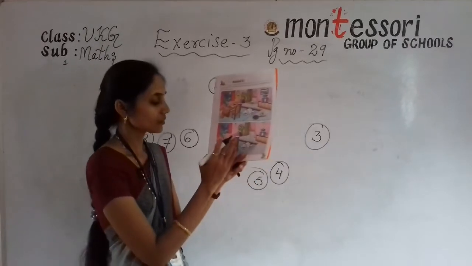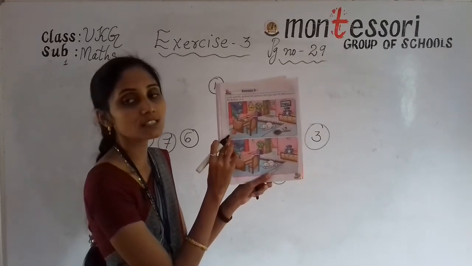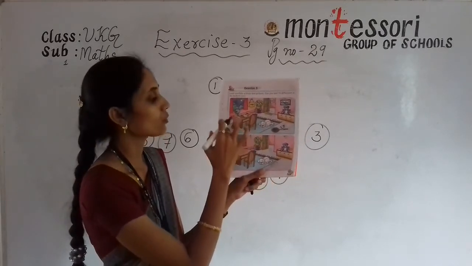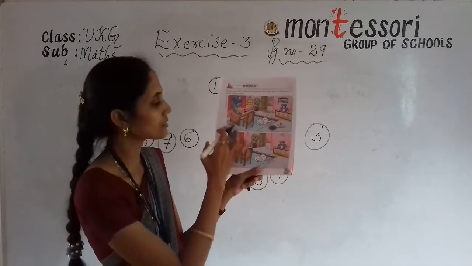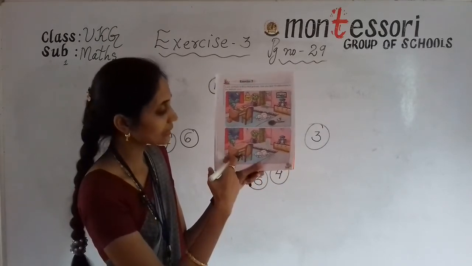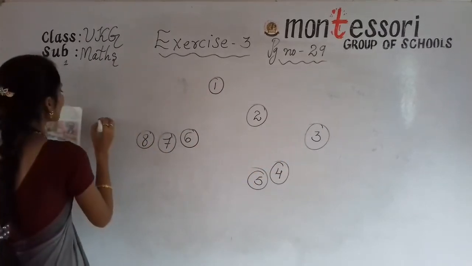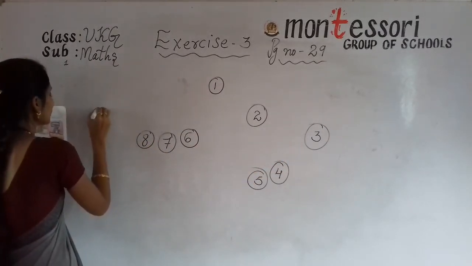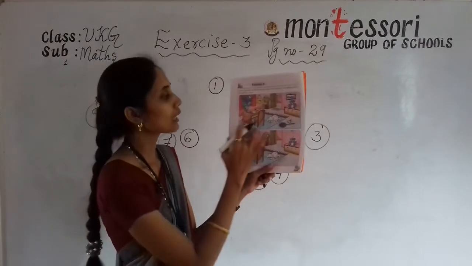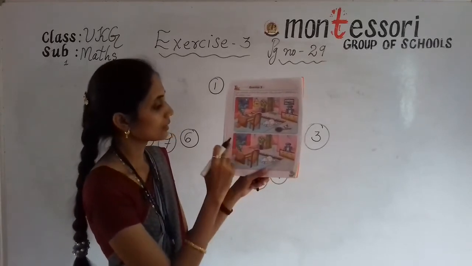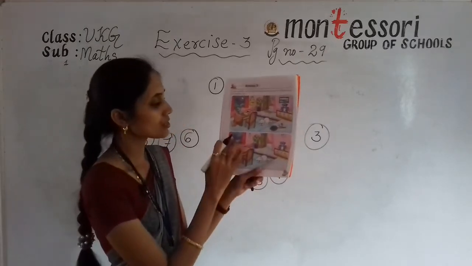Next, again behind the table, what can you see in the first picture? Yes, an orange color ball. We can see the ball in the first picture, but in the second picture, can you see the ball? No. So, in the place of that ball, you have to write the number 9 in the second picture. Now, coming to the window part, we can see window curtains and a star.